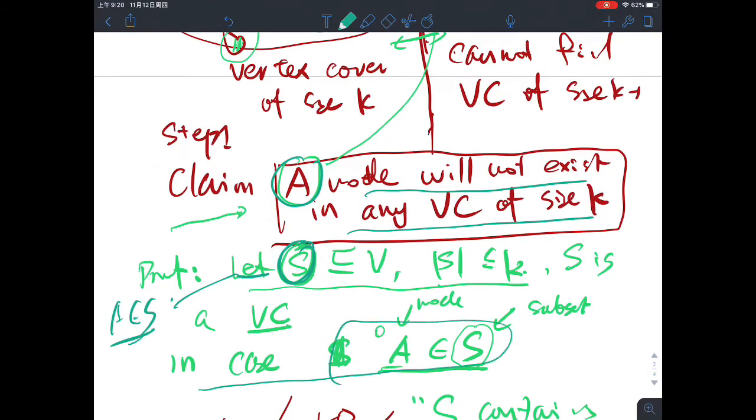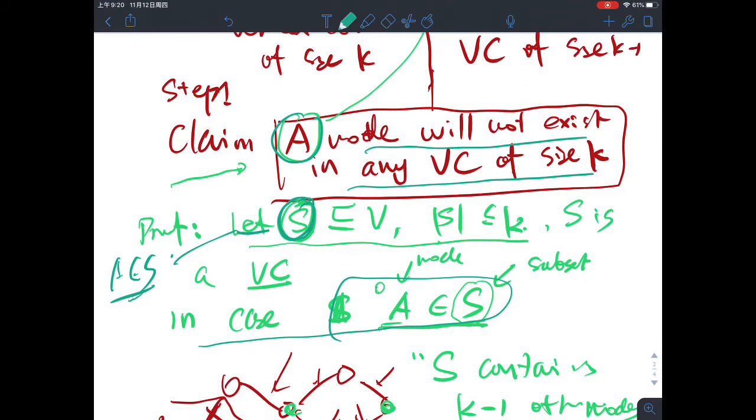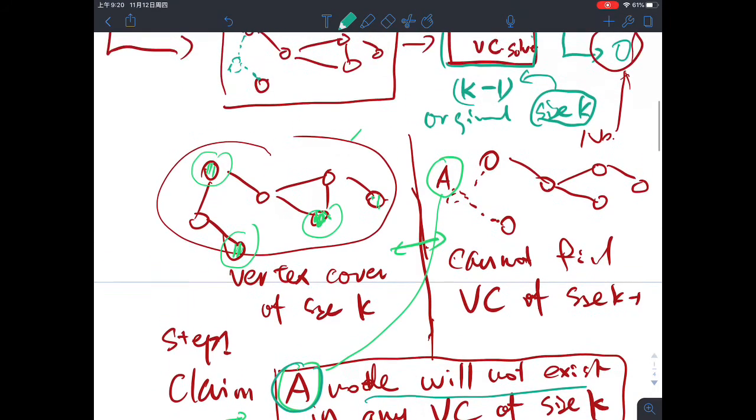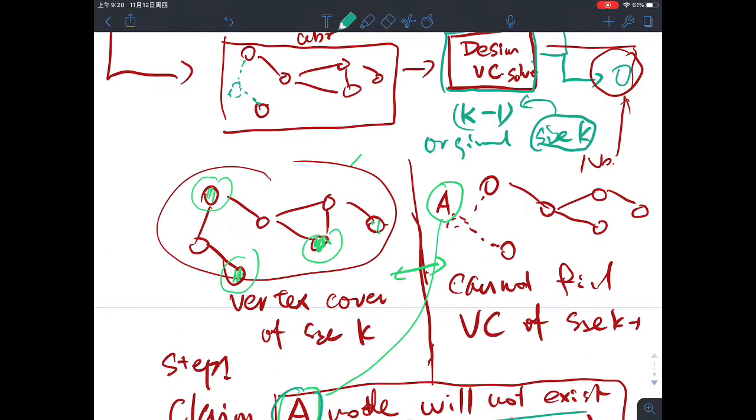So A is part of S. The contradiction is that we will be able to find a vertex cover of size K minus 1 after we delete the node A, right? So this contradicts the answer from the second oracle call.